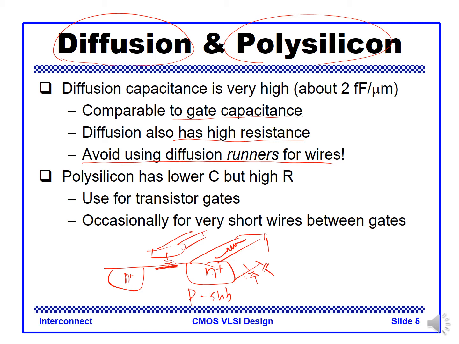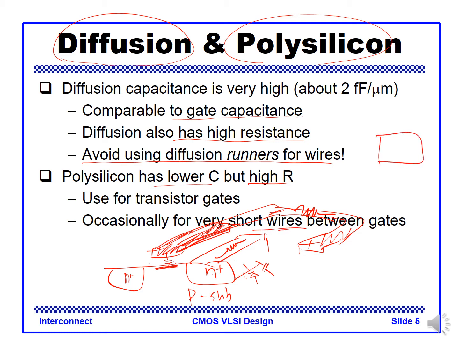The polysilicon you may use for signal routing. It has a lower capacitance than the diffusion, but it also has high resistance from the poly line. So it is mainly used for the transistor gate, and sometimes we use poly as routing for very short connections between gates.